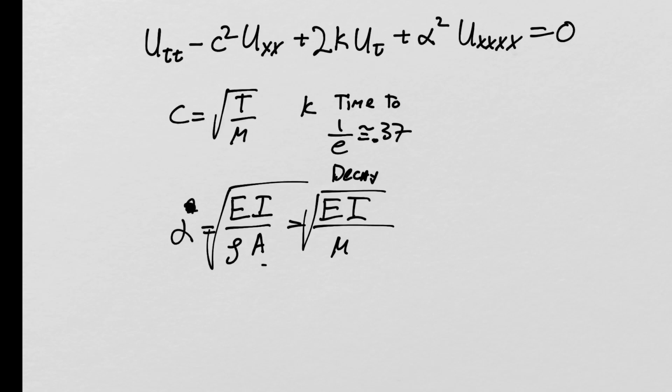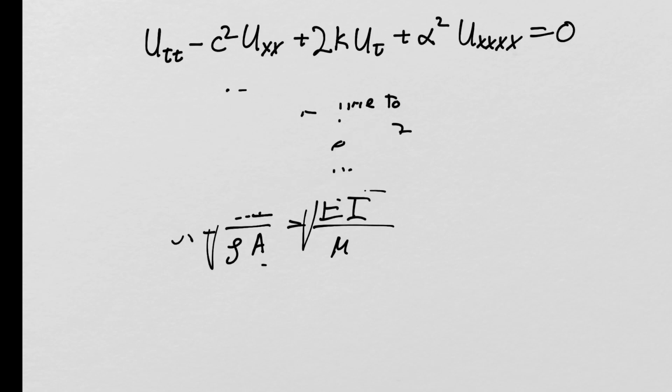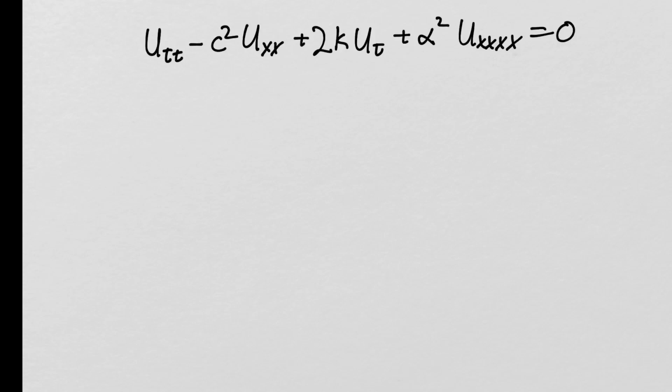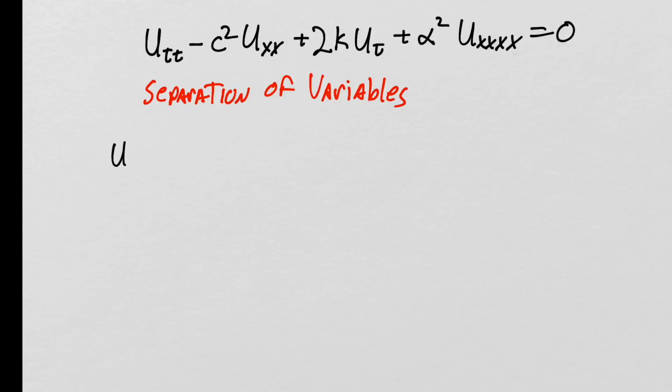So with all that in mind, the next step is pretty straightforward: separation of variables, as always. It turns out that this equation can be solved by separation of variables just like the others. So we assume that u is separable into the product of a function of just x and a function of just t.